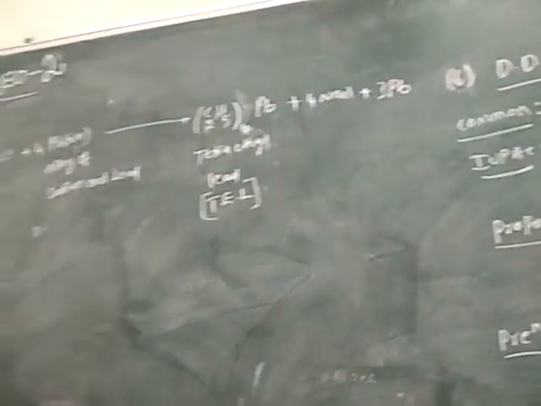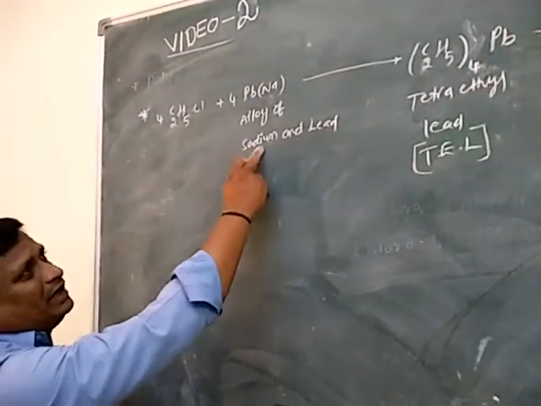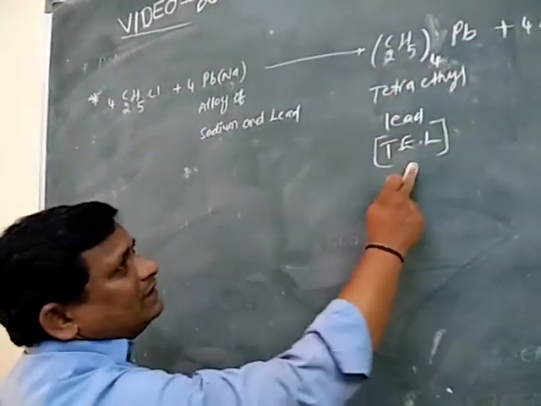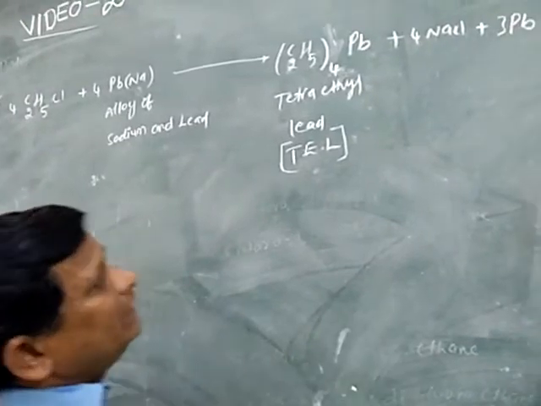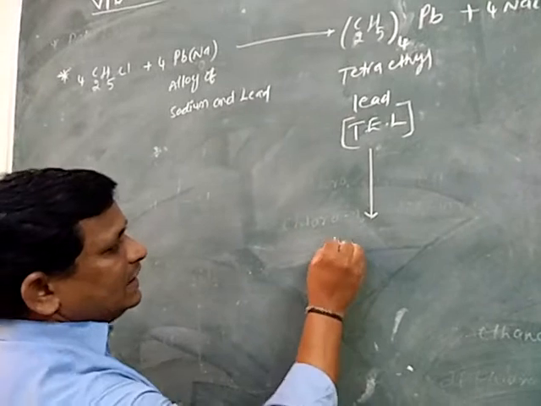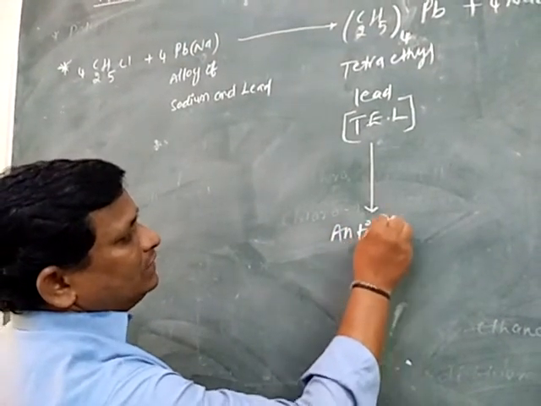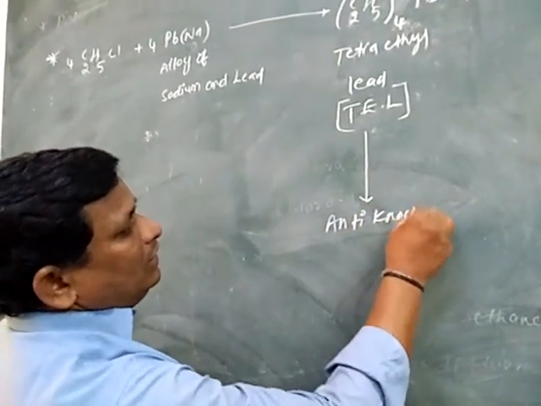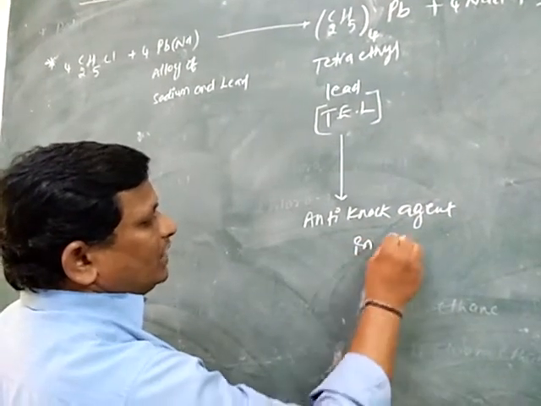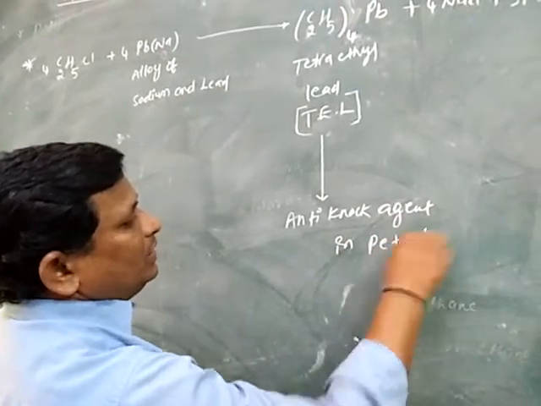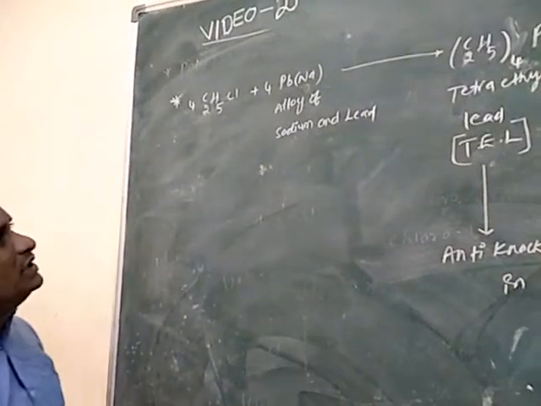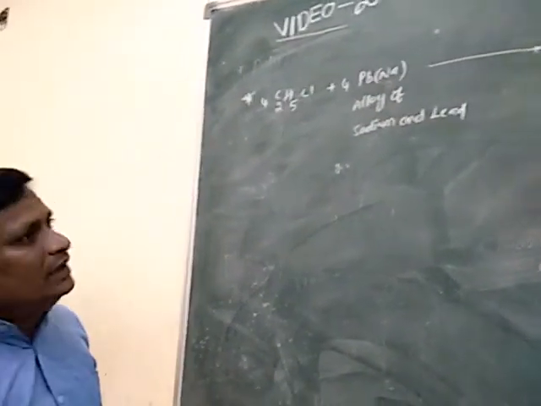So ethyl chloride treated with an alloy of sodium and lead gives tetraethyl lead, sodium chloride and lead. Tetraethyl lead is used as an anti-knock agent in petrol.